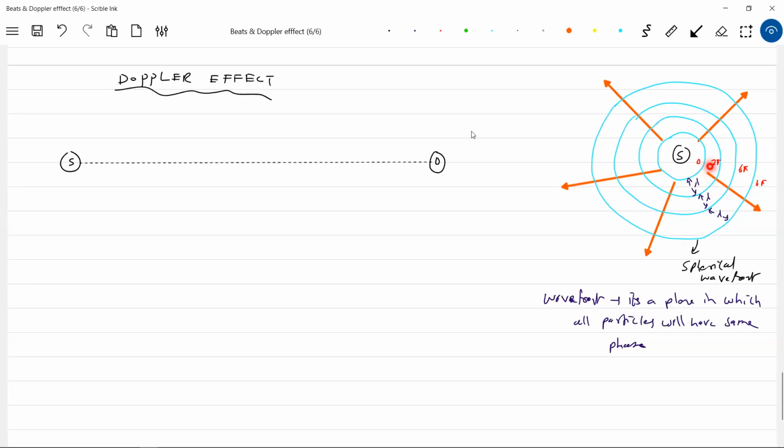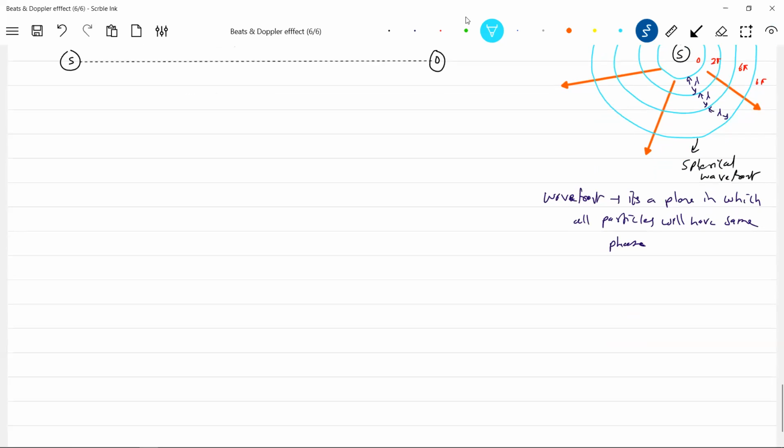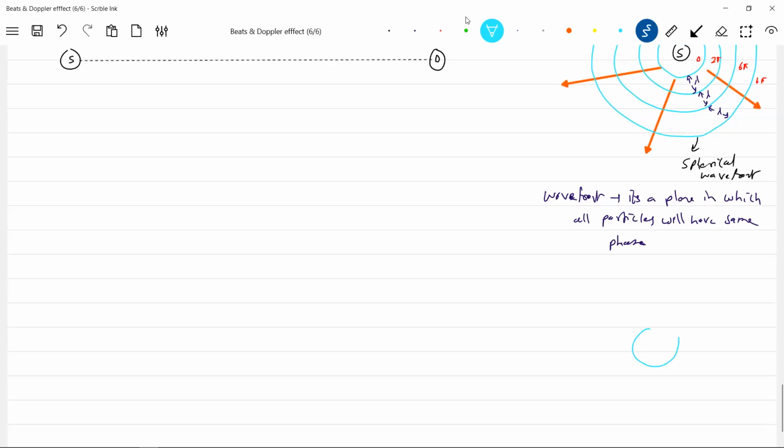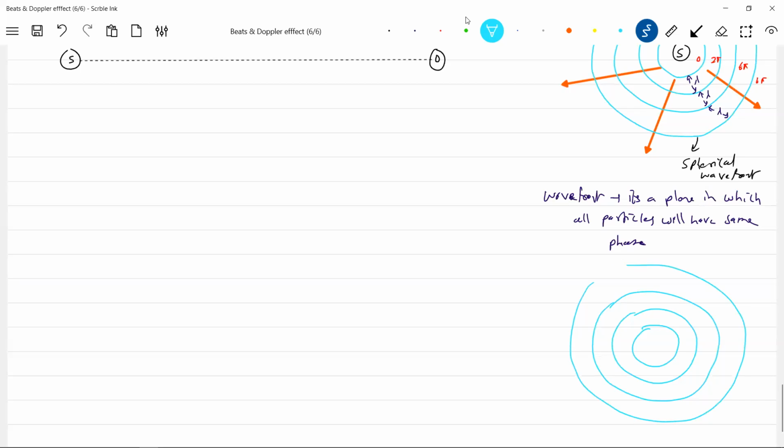Sir, I will draw 0, pi, 2 pi, 3 pi. In that case, lambda by 2 will come. So you can also think in this way. Nothing wrong. Some are asking, sir, if it is phase 0, pi, 2 pi, 3 pi, what is lambda?